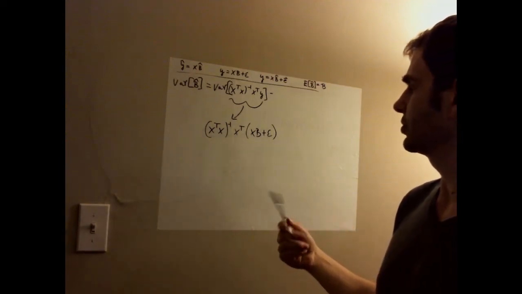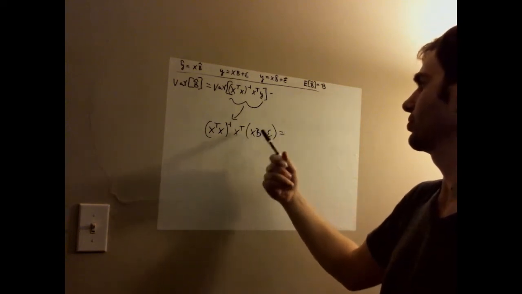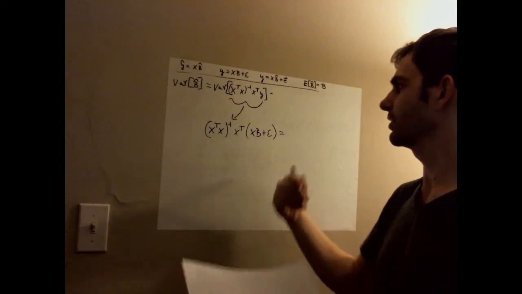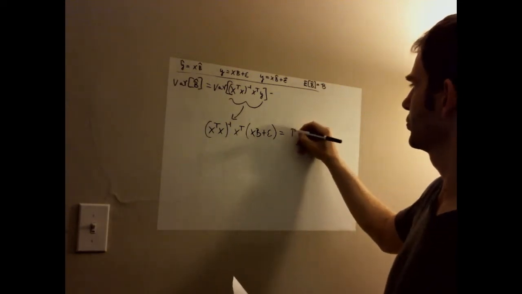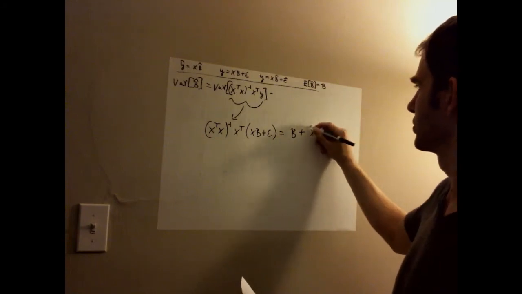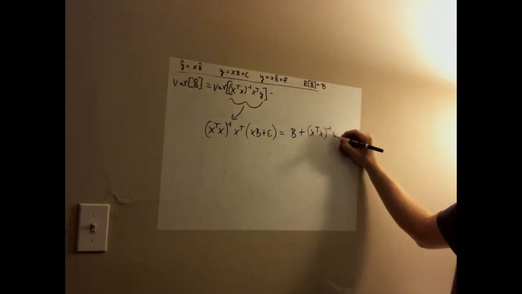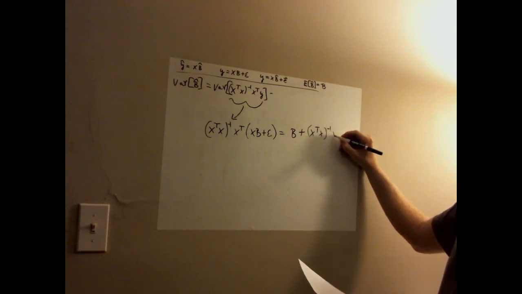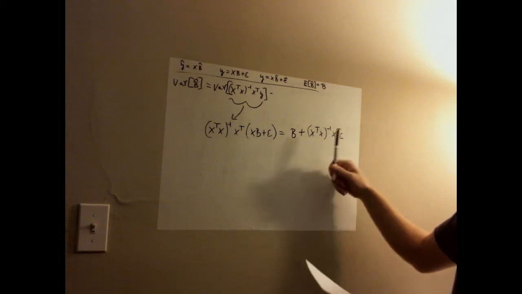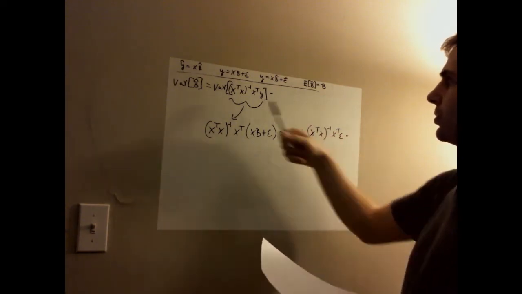Cancels is a strong word, but you get the identity multiplied by beta, so beta plus (X transpose X) inverse X transpose times the error. This whole thing is just equal to beta hat.